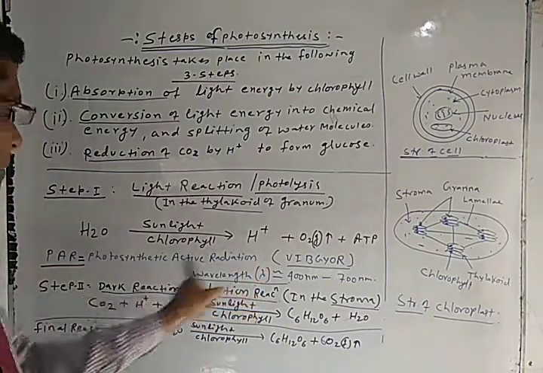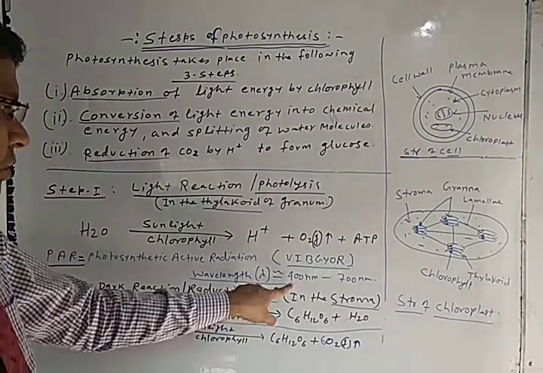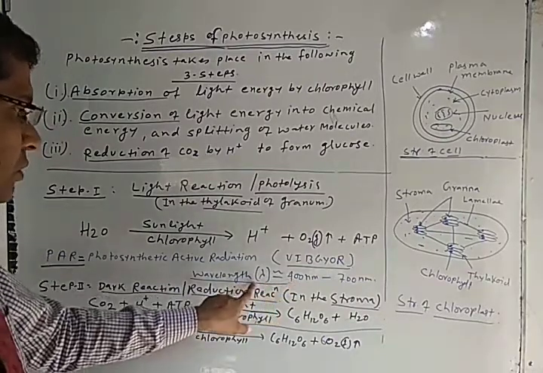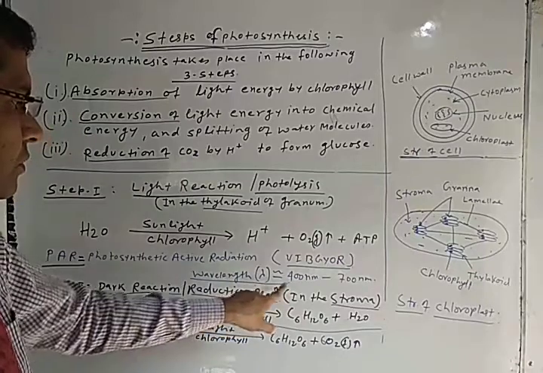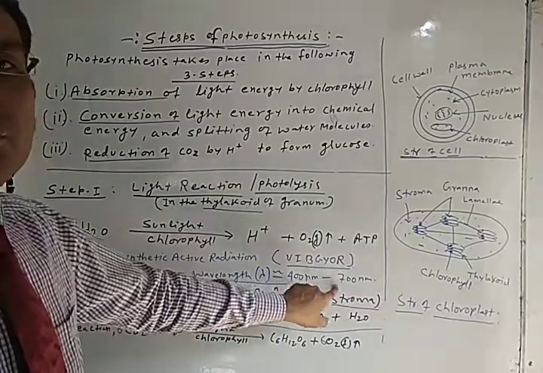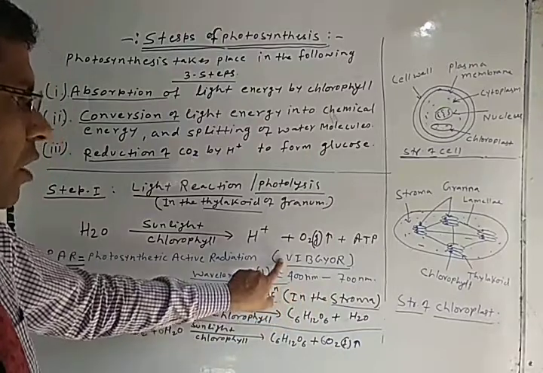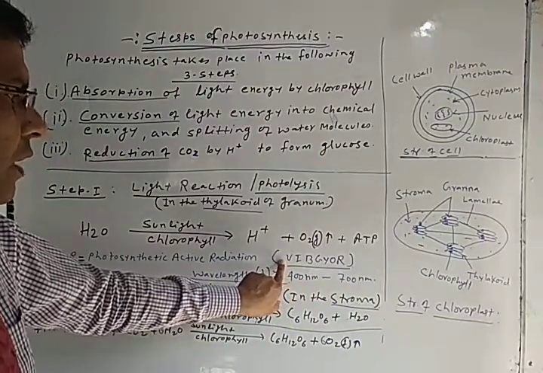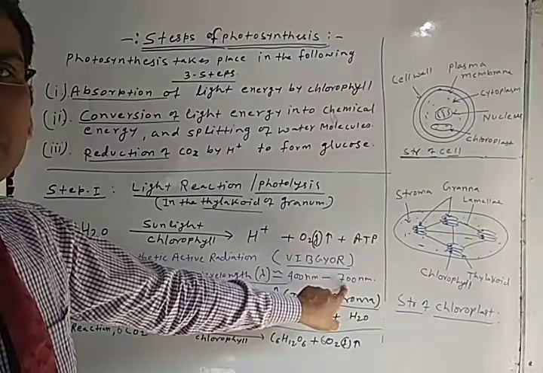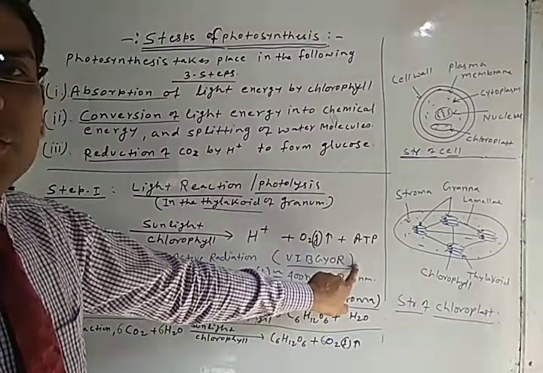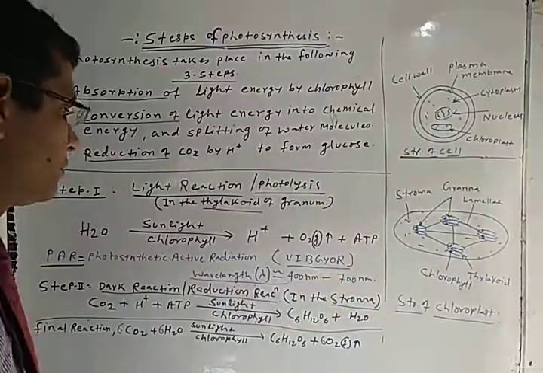The wavelength range of PAR is 400 nanometers to 700 nanometers. 400 nanometers is approximately the violet color of white light, and the 700 nanometer wavelength is for the red color of light.